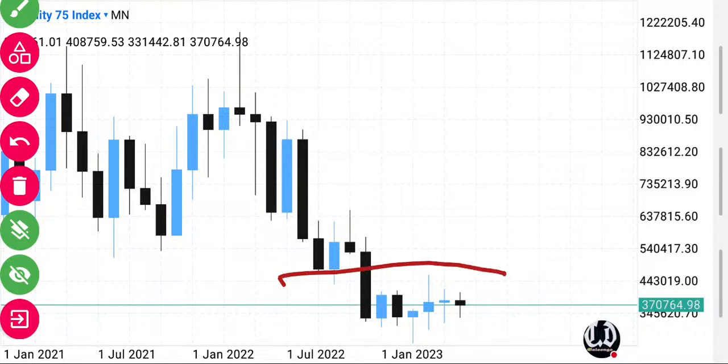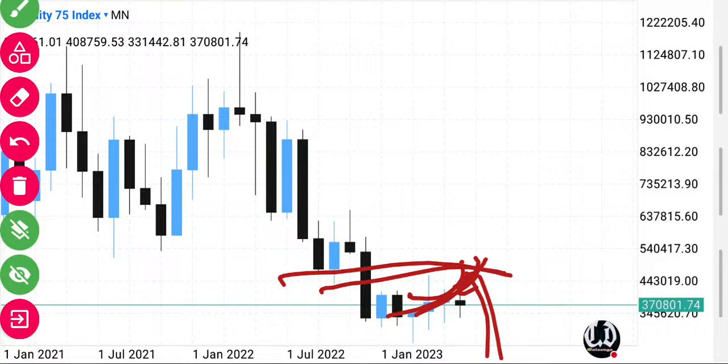We have come to make a retest and then we continue down. This is the monthly. Are you getting it? We don't know if the retest is over or if it is still continuing. We are still in the retest and then we drop down. Are you getting the point? But the picture is that we are making a retest and we go down.